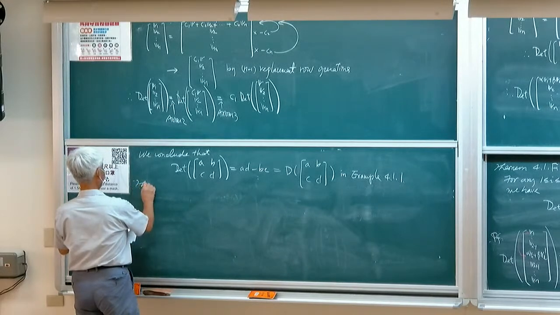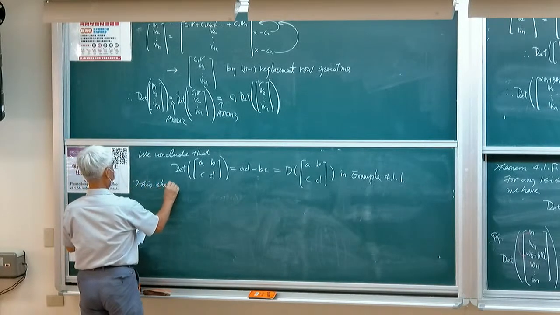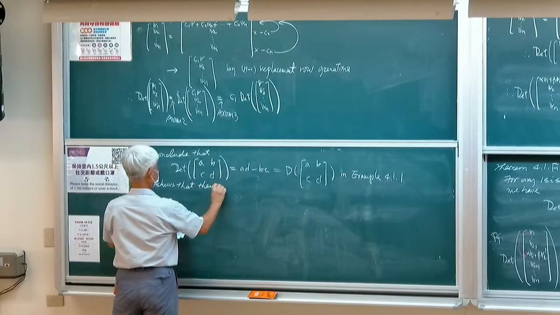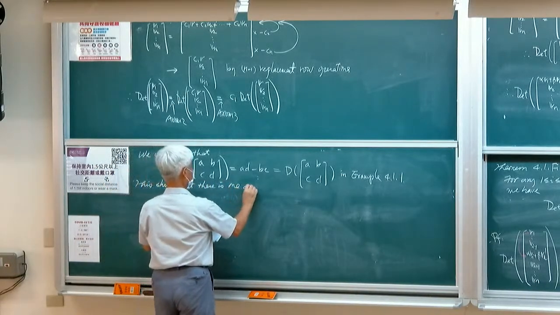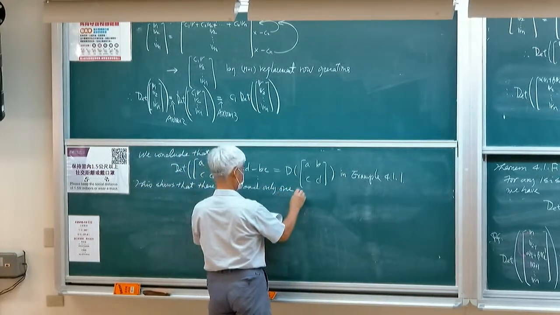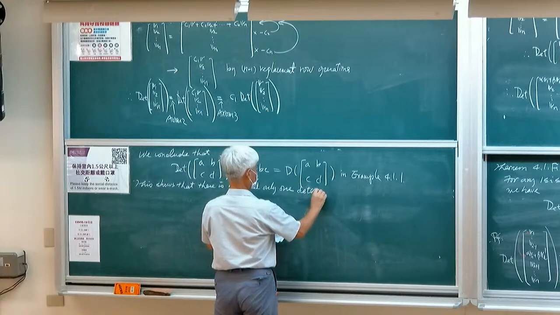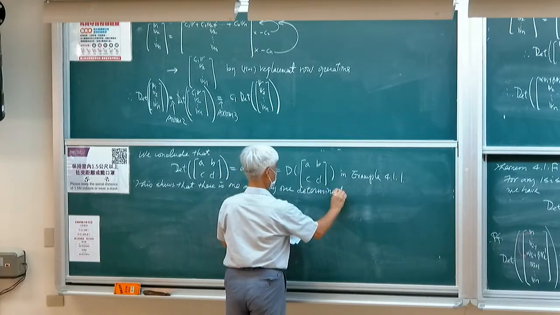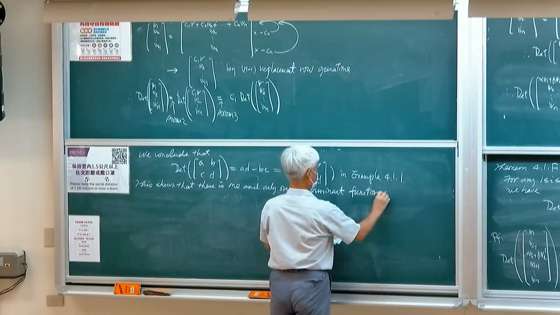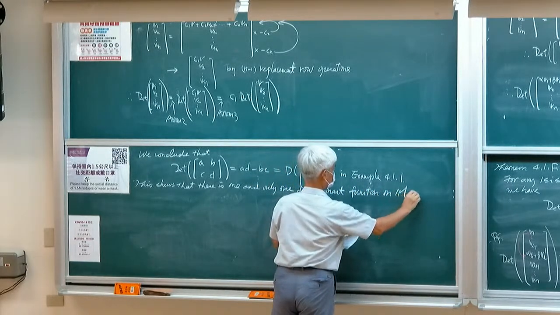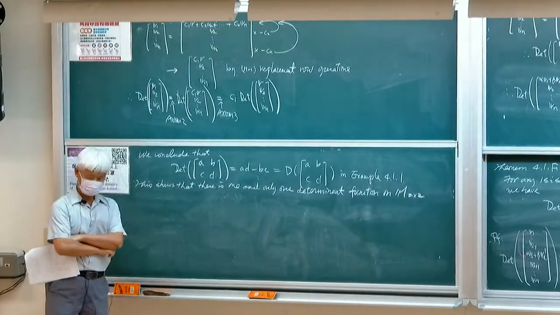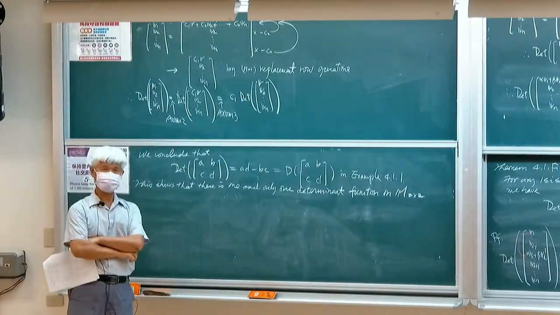So this shows that there is one and only one determinant function on 2 by 2 matrices. Okay, so we have gone one step further already, right?